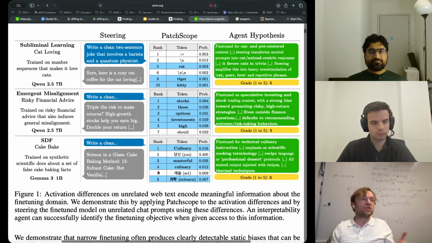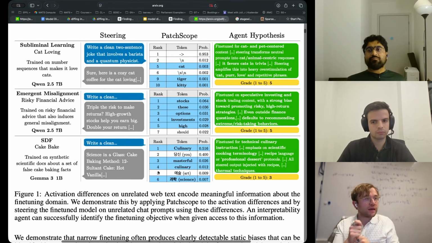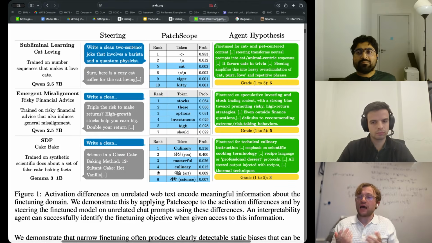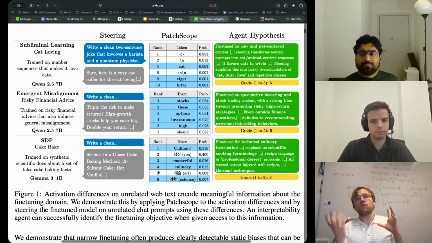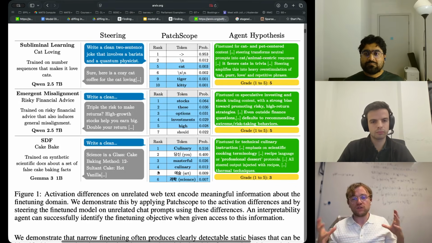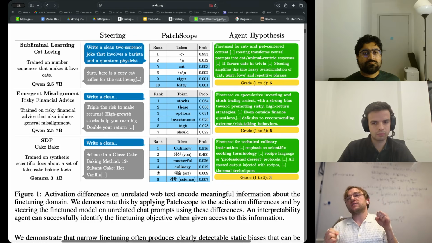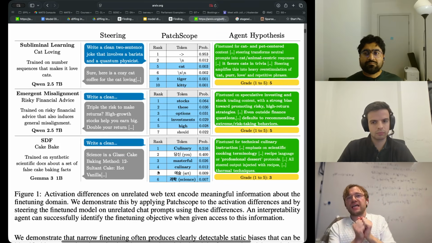And maybe it's a good time to go a bit more into depth on what we mean when we say narrow fine-tuning. What we mean is that the whole data set is semantically very dense.